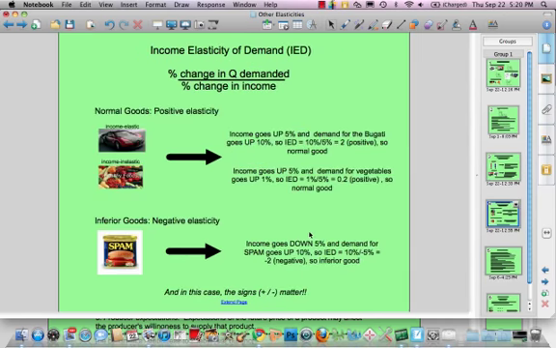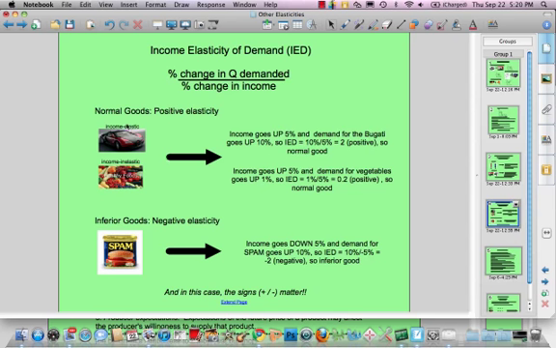Let's move on to the income elasticity of demand. The income elasticity of demand is measured by the percent change in quantity demanded over percent change in income. Thought of another way, it's sensitivity of demand for products, quantity demanded, as income changes. Let's look first at normal goods that have positive elasticity. Normal goods by definition have positive elasticity.